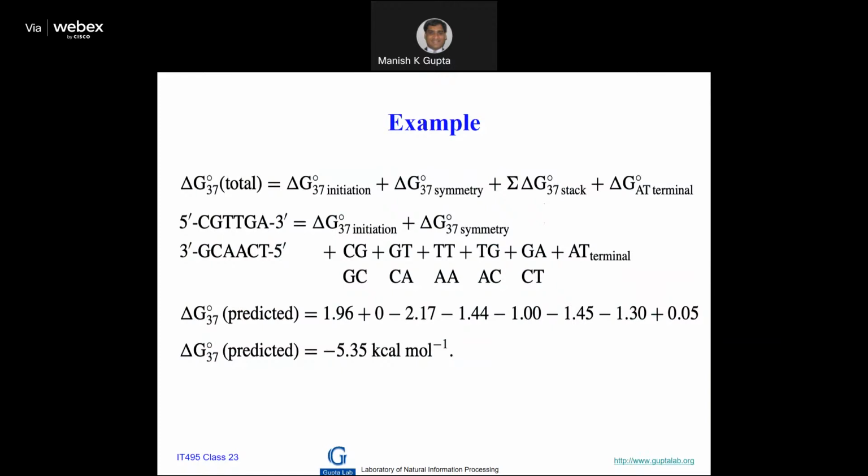From that table we can compute. We form CG, GC, then GT, CA, taking pairwise like that, and finally the terminal term. We compute the value of the Gibbs energy from the previous table. All these calculations you can do.